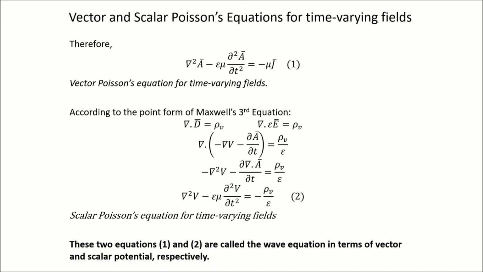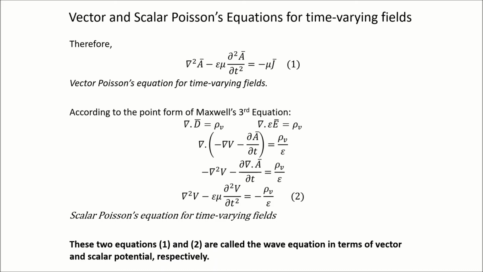Considering Maxwell's equation obtained from Gauss's law, divergence of D is rho V, and applying the constitutive law D equal to epsilon E, replace E with the expression obtained before and also divide both sides of the expression by epsilon if the medium is homogeneous, linear and isotropic.